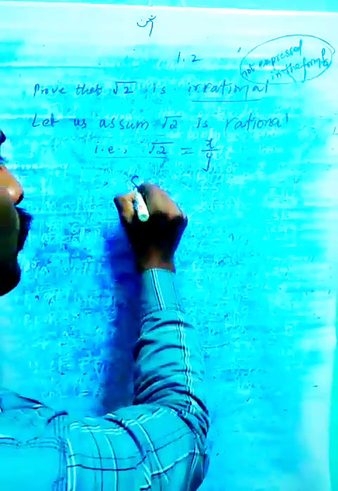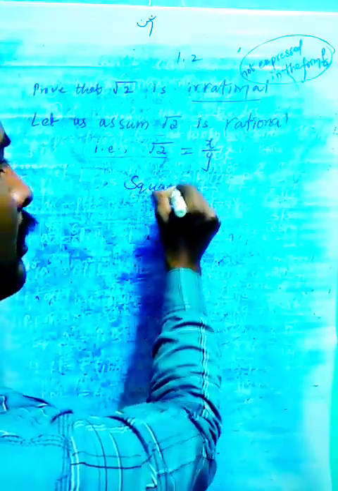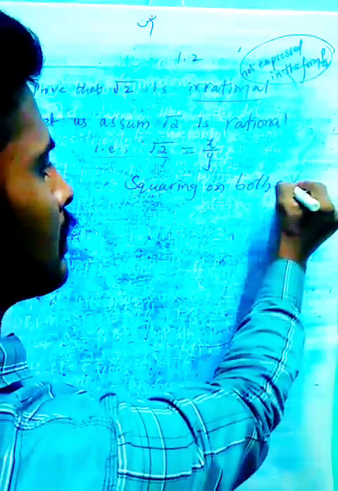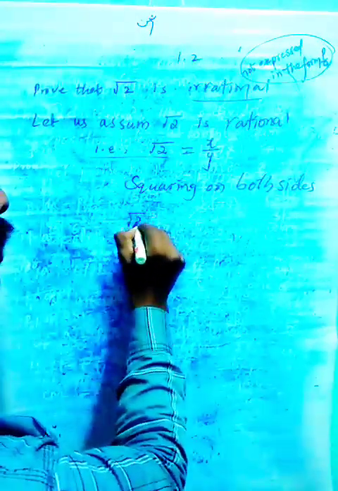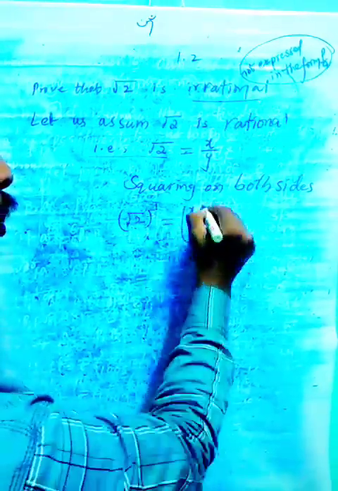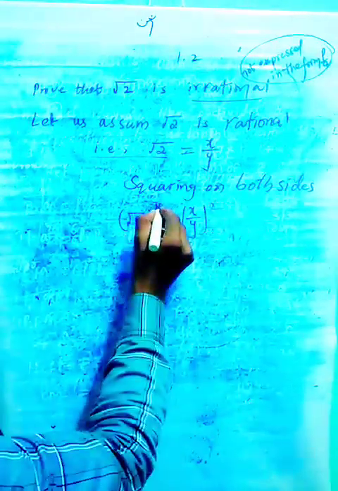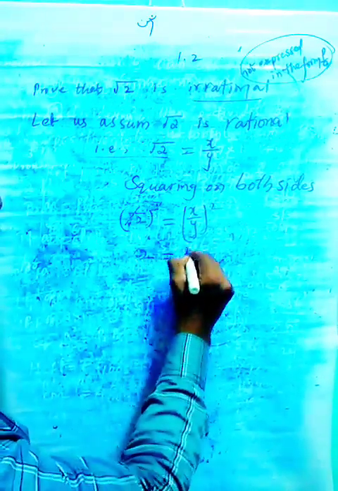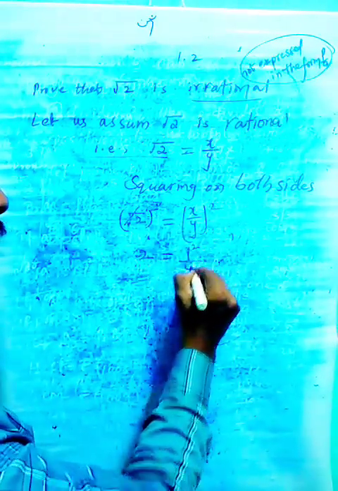Now squaring on both sides, root 2 whole square is equal to x by y whole square. Now square and square root cancel. We have 2 on this side, and here we get x square by y square.